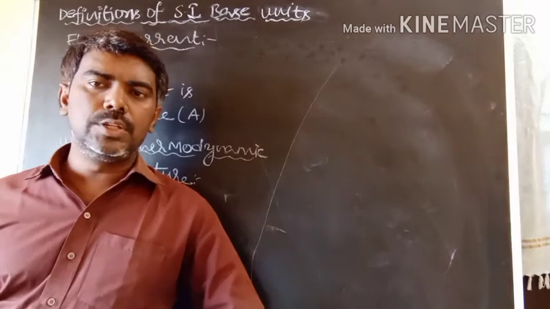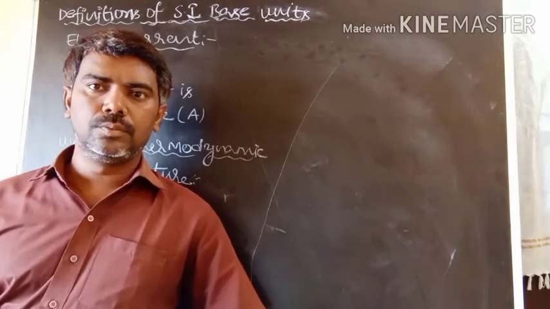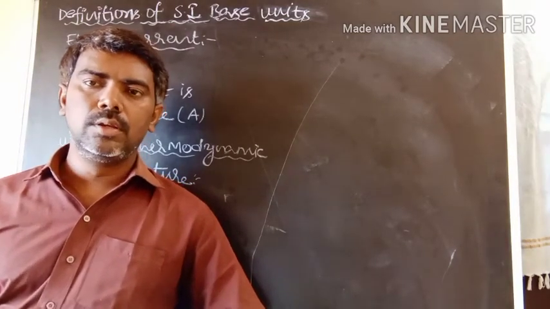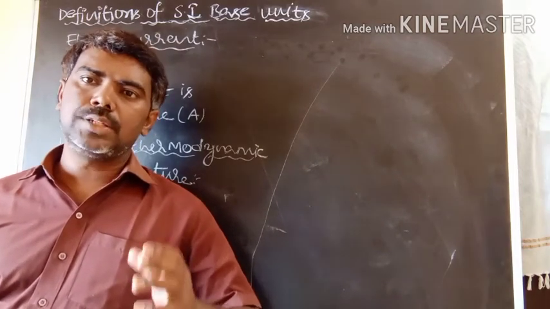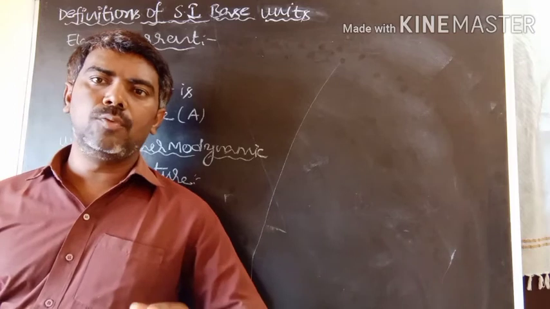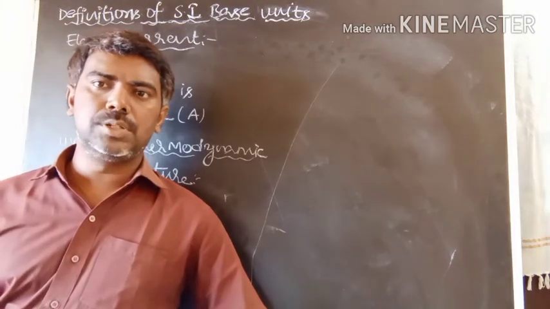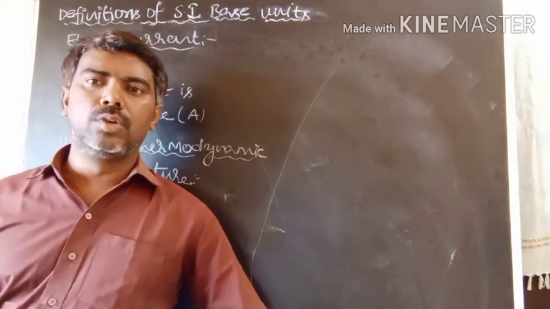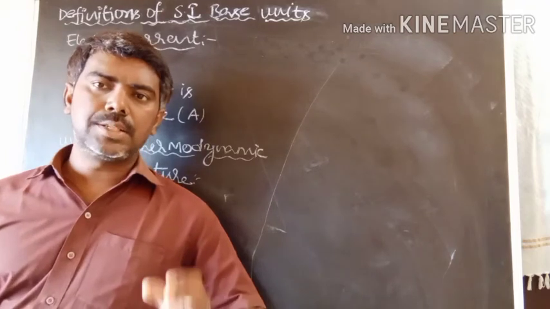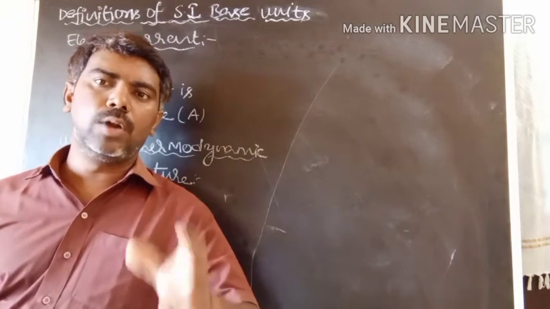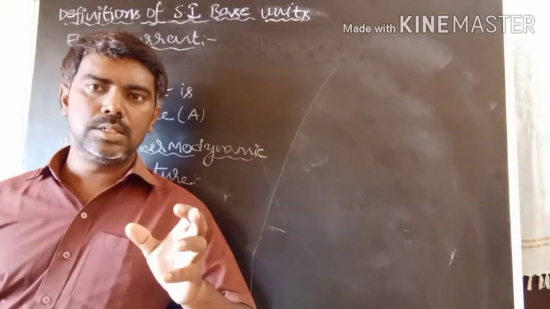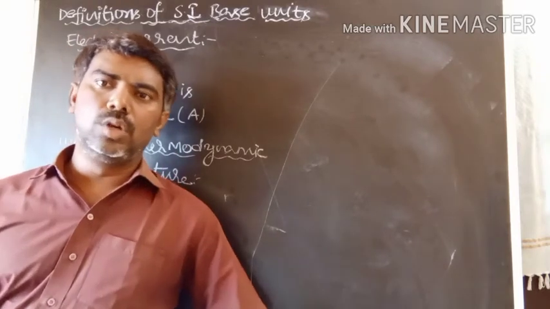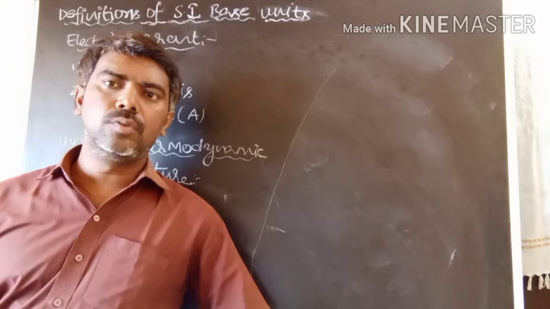Then what is the definition of Kelvin? A Kelvin is the fraction of 1 by 273.15 of the thermodynamic temperature of the triple point of water.